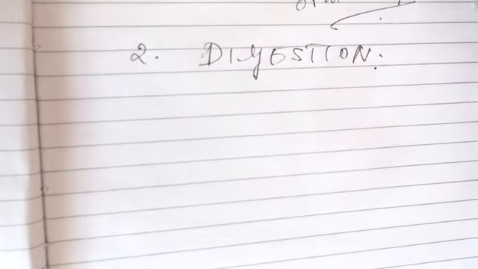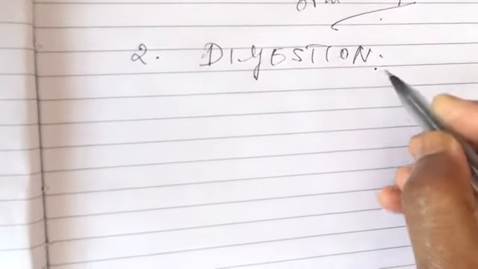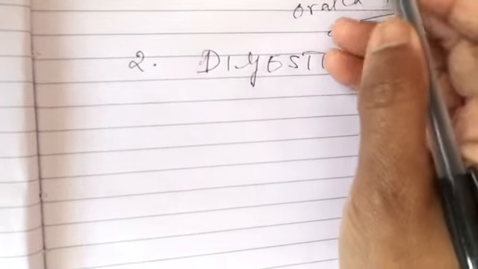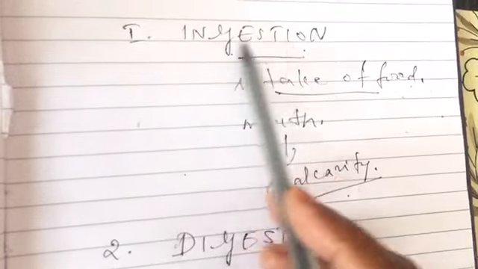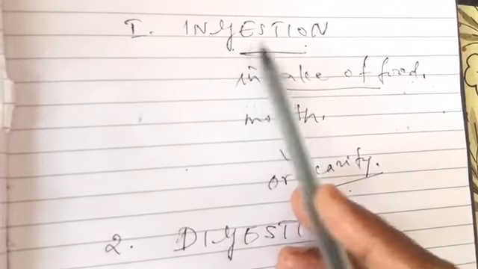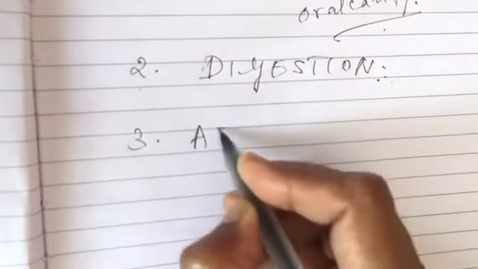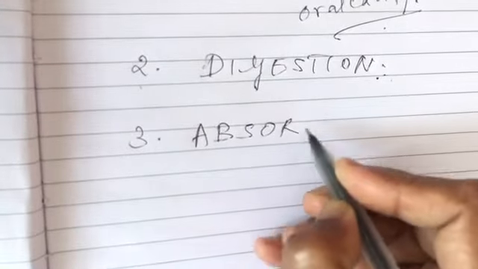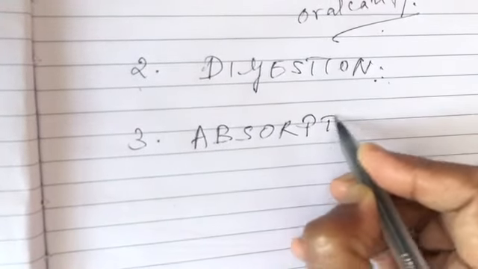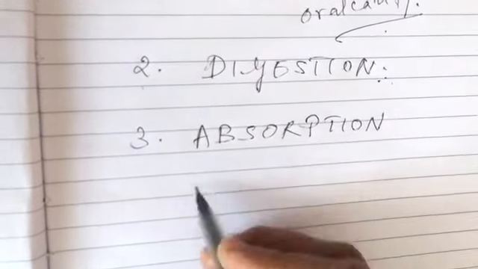So, we will go into detail afterwards. Let me tell you the steps which come under holozoic nutrition. The first one is ingestion. Don't confuse it with injection. This is ingestion. The second one is digestion. And the third one is absorption.